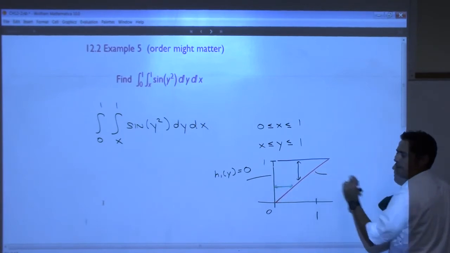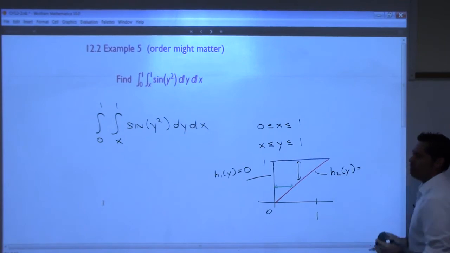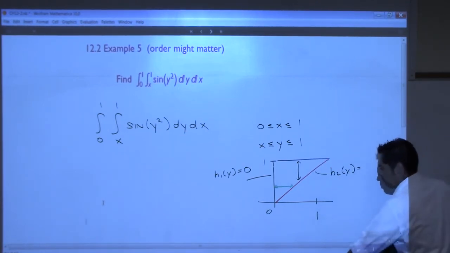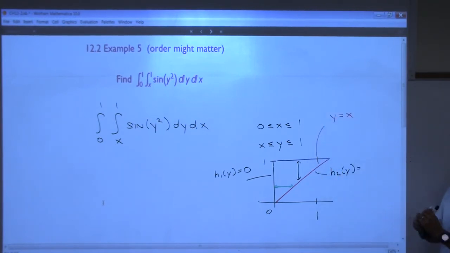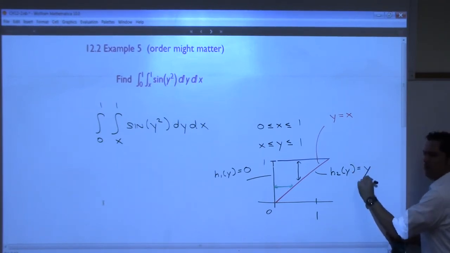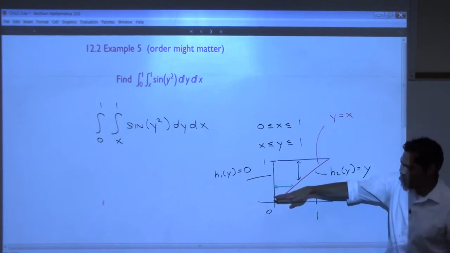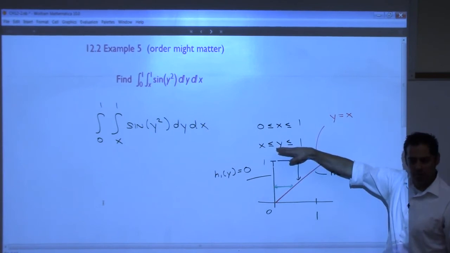This one right here, h sub 2 of y, is this equation, which, what was the equation that drew this? y is x. It's that equation solved for x instead of y, but it's already solved for x. So this is just y. And then I just need to know my restriction on my y values. It goes from 0 to 1.